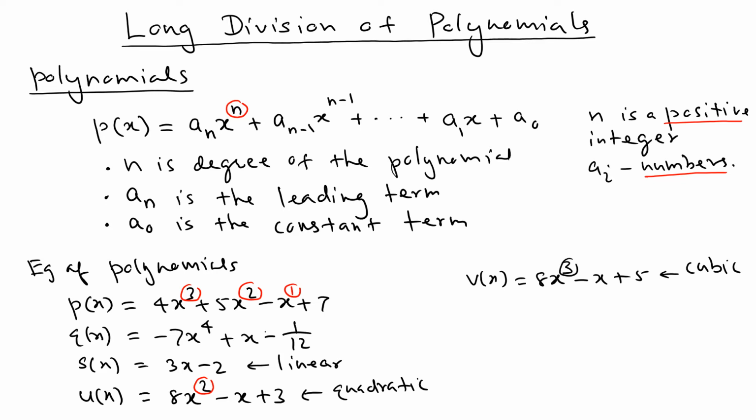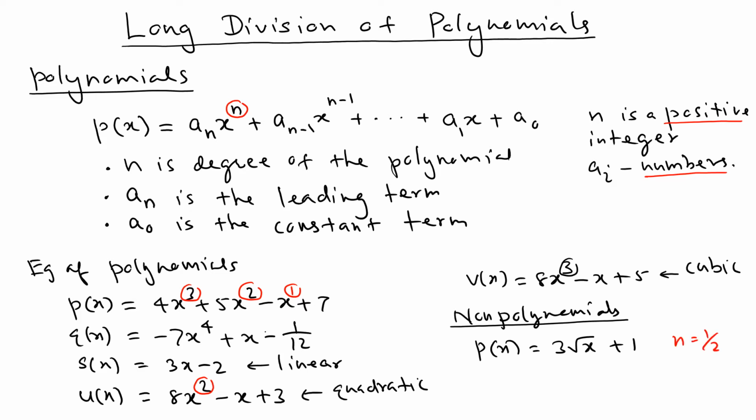And then there are some functions which are non-polynomials. For example, let's write a few non-polynomials. If you say P(x) equals 3 square root x plus 1, this is not a polynomial because you can see in this case n, the power of x, is 1/2.